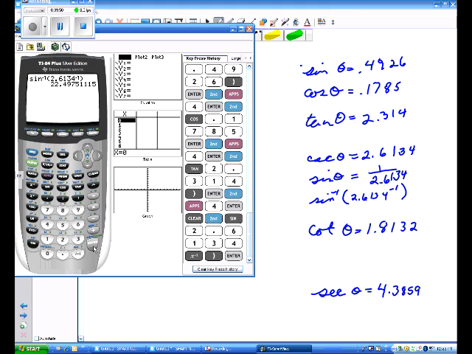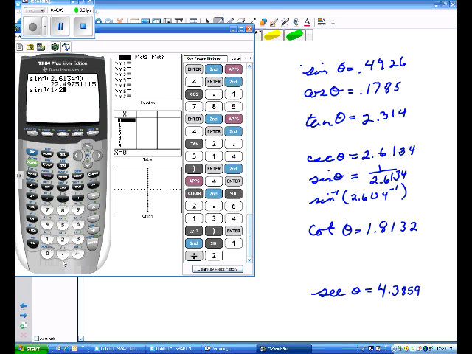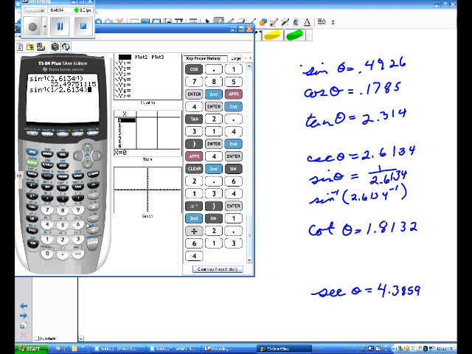So 22.50 degrees, if we rounded it to the nearest hundredth. I also said you could do this: if you were in doubt, you could do 1 divided by 2.6134. You get the same answer.